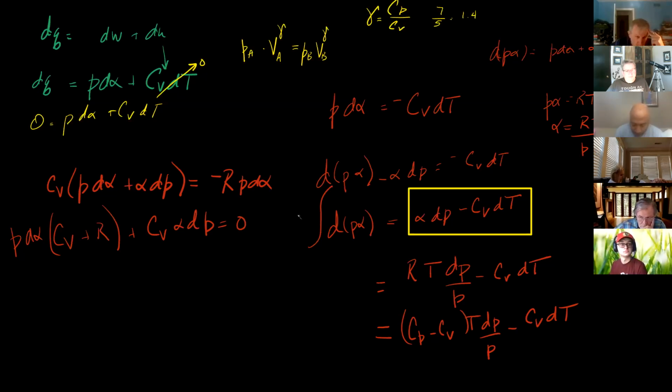Can you see that? When I did this, I said I had a hunch, and I don't know if I should have done that. I probably could have just done it this way. I did it completely differently than you're going. What was it? RP d alpha equals 0. So all I did was I took P d alpha, and I've got CV plus R. Right?